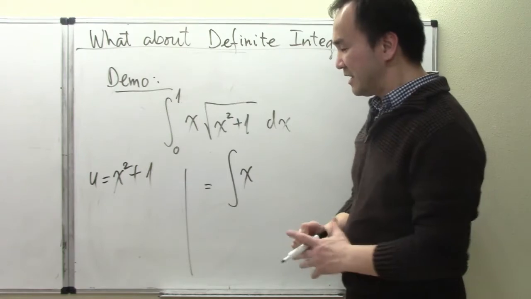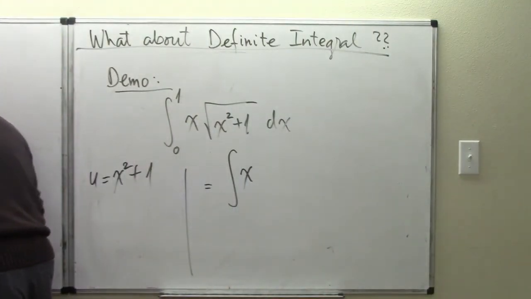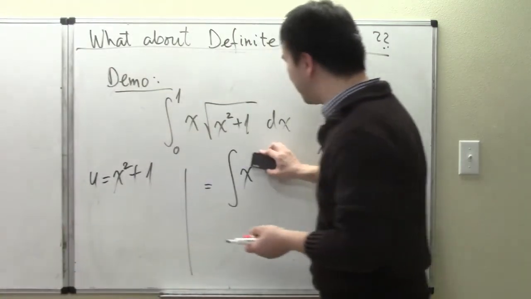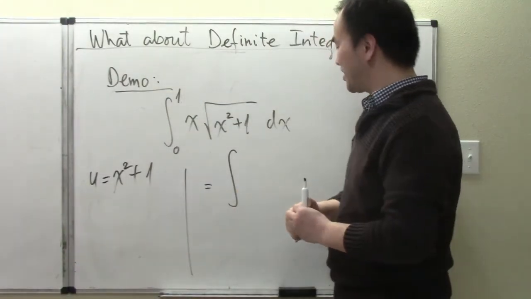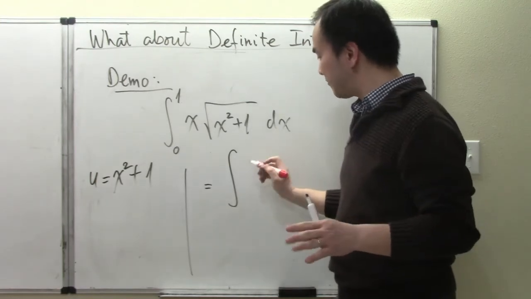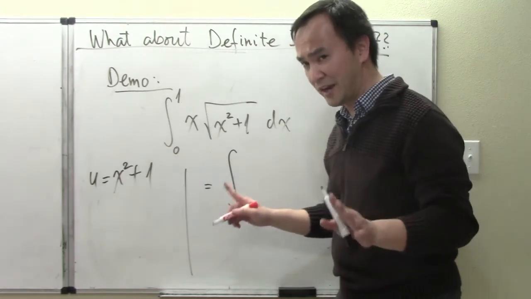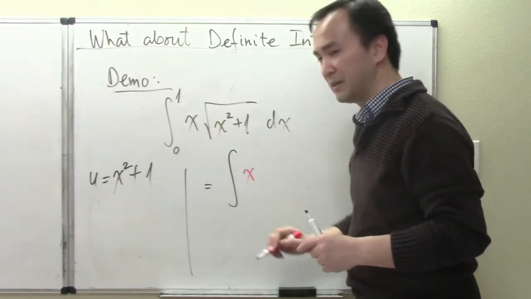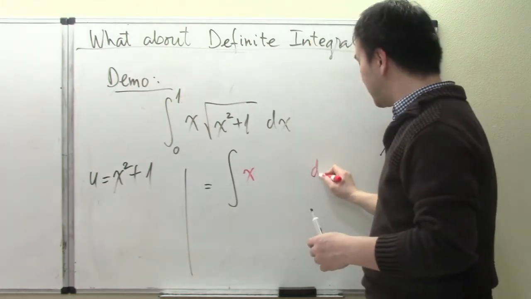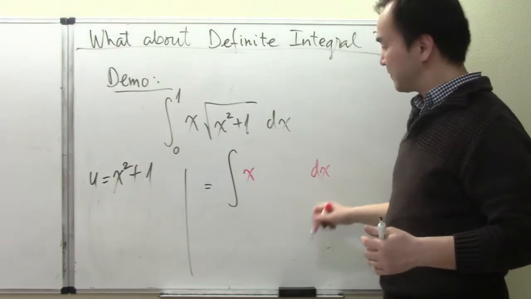It's still here. For teaching purpose, I'll do this to remind you that whichever didn't get a substitution, in this step right here I only substitute u. So whichever else didn't get a substitution, I'm going to write it in red ink. How's that? So with red ink, the x here is going to be written in red ink. The dx for now, I didn't find the substitution for that yet. I'm going to write it in red ink.